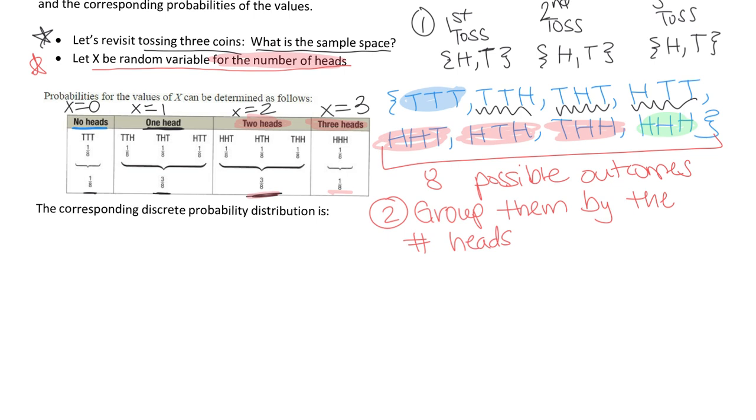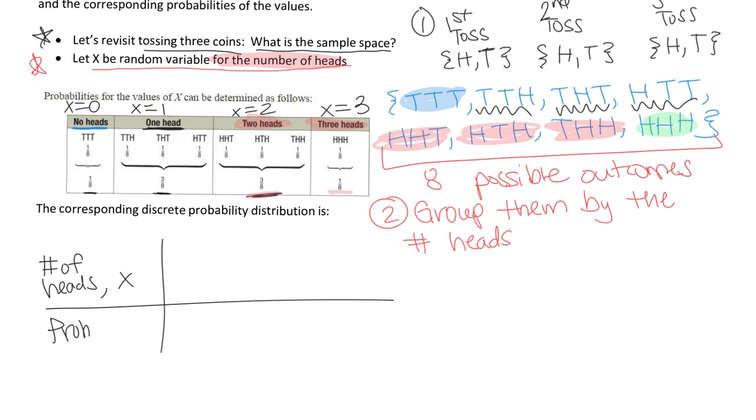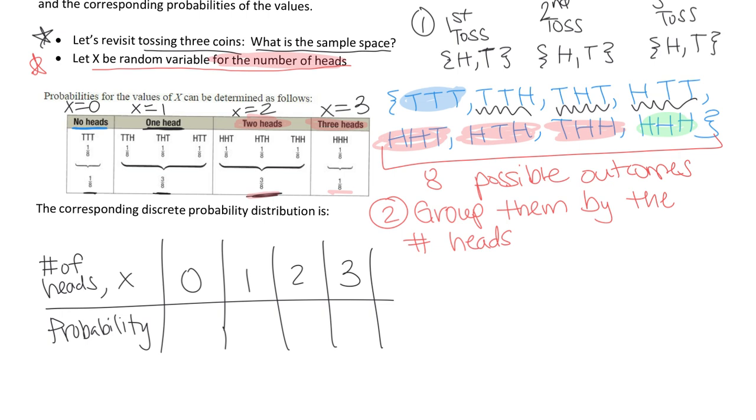We can actually create a table of our own that shows this, where we have the number of heads, which would be x, and then we have the probability. And I want you to understand that in this section, we don't actually have to do this. This is just showing you where the numbers come from. Really, the numbers are already going to be filled in for you, but this is how they're derived.